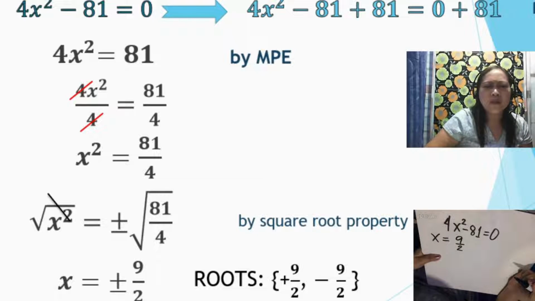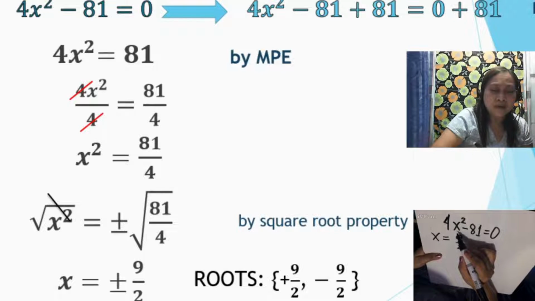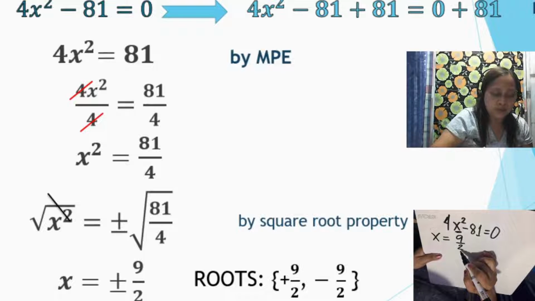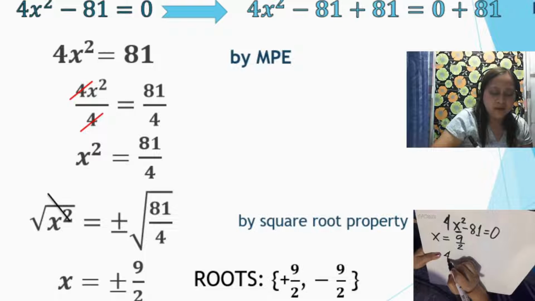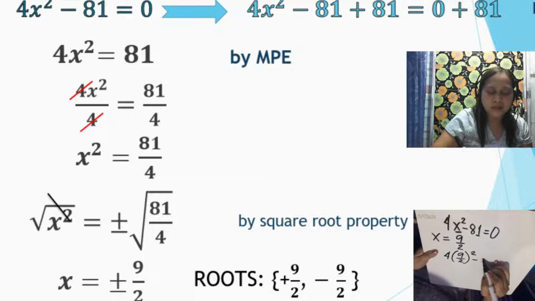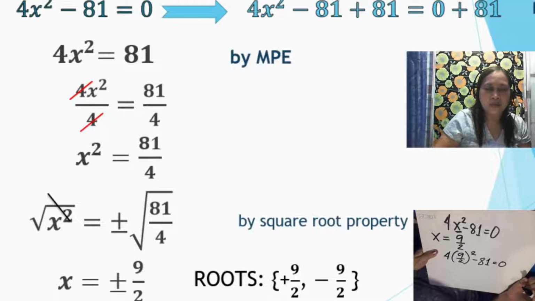It's very easy. All you have to do is substitute the value of x with 9 over 2. So it becomes 4 times the quantity of 9 over 2 raised to 2 minus 81 is equal to 0.